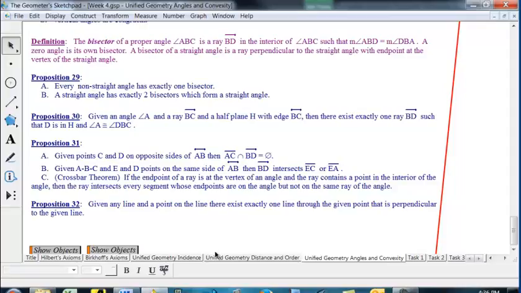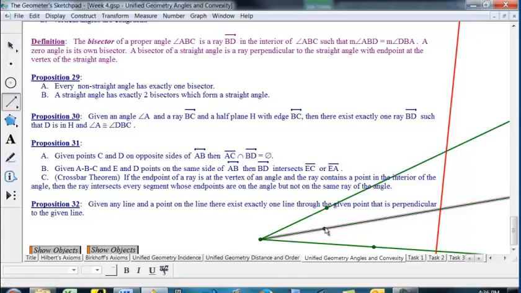And the crossbar theorem: if the endpoint of a ray is at the vertex of an angle, okay, let's make us an angle. We'll make another ray. So we've got our green angle. And then we have a line segment going from one side to the other here. Let's make that black.